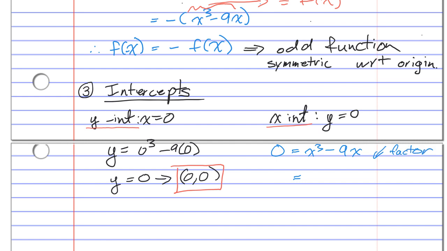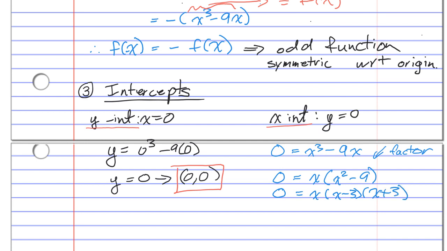So when we factor, this is going to be x times x squared minus 9, equals 0. So we can also factor this part right here, because this is a perfect square. So now our equation becomes 0 is equal to x times x minus 3 times x plus 3.